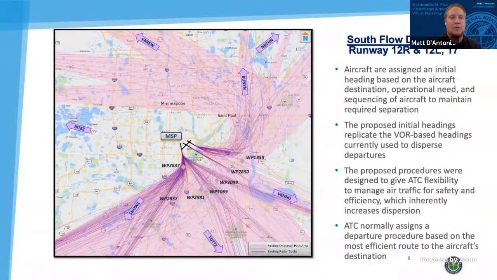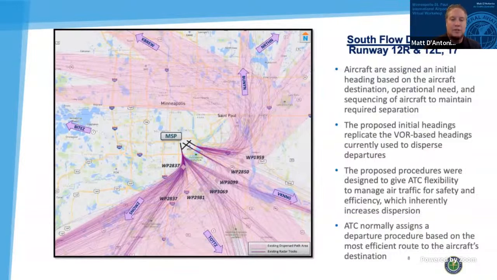As they get towards that point in space, our job at all times is to get them on course as soon as possible. So depending on where there are arrivals coming into Minneapolis, or there are little towered airports around us, such as Flying Cloud and St. Paul, we will be turning those airplanes as soon as possible.